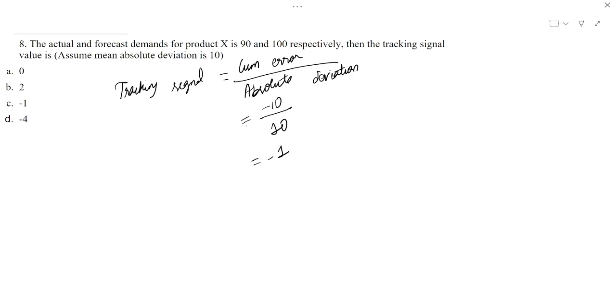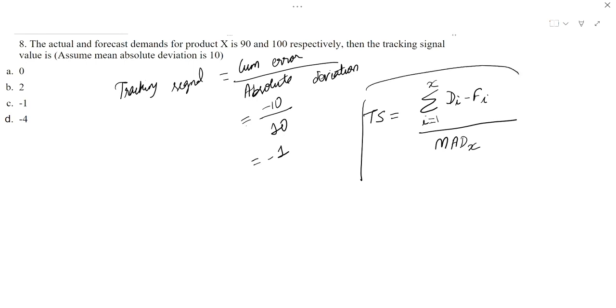Also, if anyone has forgotten how to calculate the tracking signal, you can refer to the last question of last class, where I have discussed elaborately the tracking signal.